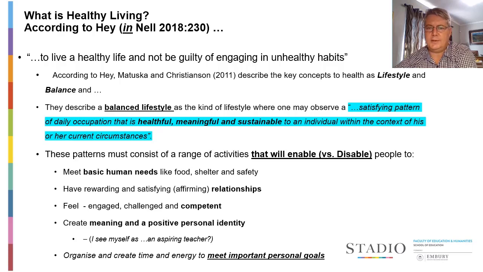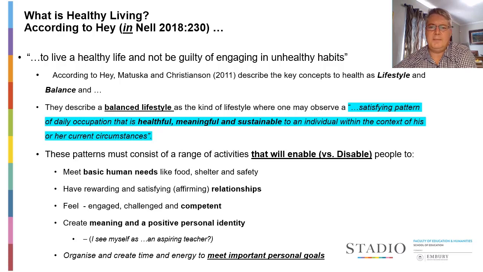But then he elaborates on that, and he uses the work of Matuska and Christiansen, a 2011 article. He says they describe the key concepts of health as lifestyle and balance. We are quite familiar with this concept of having a balanced lifestyle.